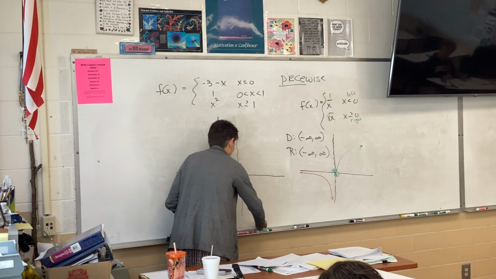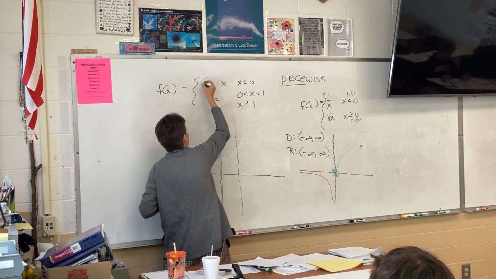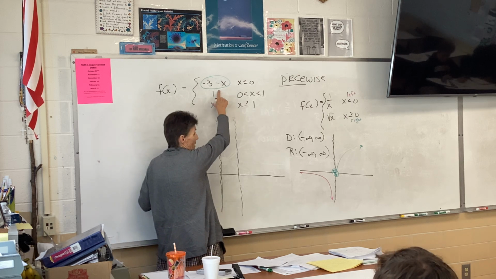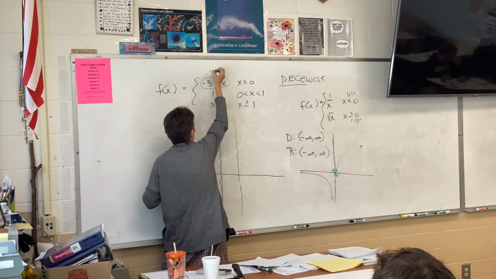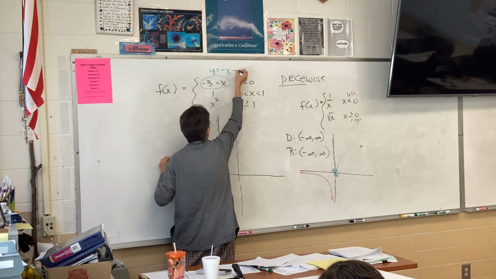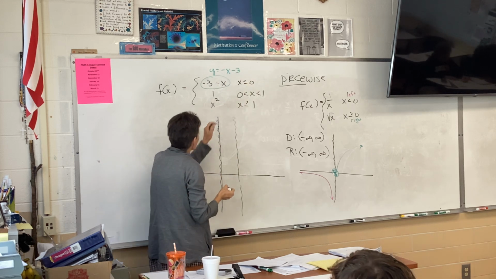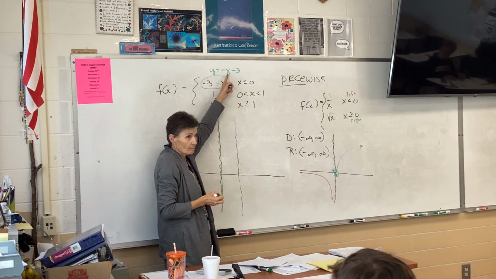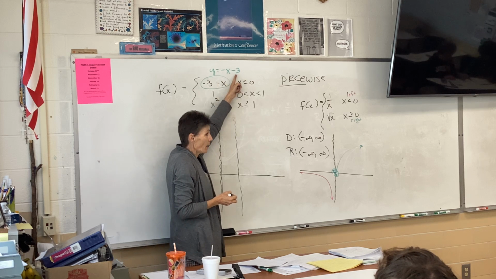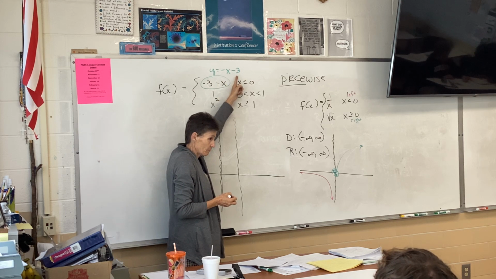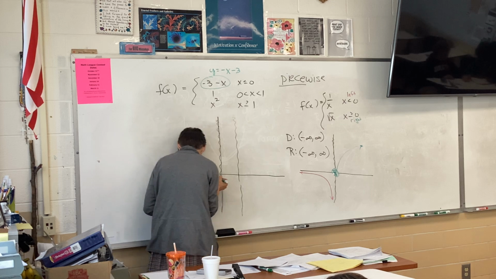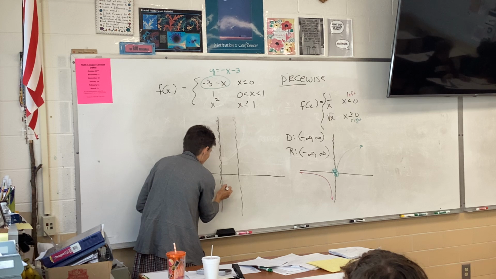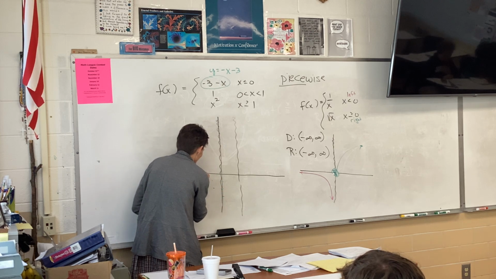All right, so let's look at this. This is a line. I'm going to turn it around and write it the way I normally see it, like this. So it has a slope of -1 and a y-intercept of -3. So let's see. So -3, and then up 1, left 1, up 1, left 1. Okay.